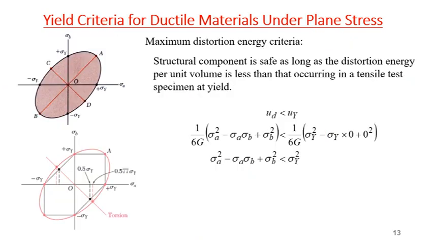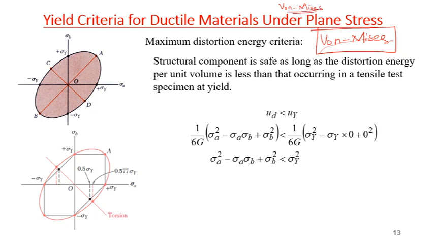Now the last criteria we will discuss is the ductile yield criteria, the maximum distortion energy density criteria, or most commonly known as the von Mises criteria. In some software you will find the von Mises stresses, which directly predict the failure.